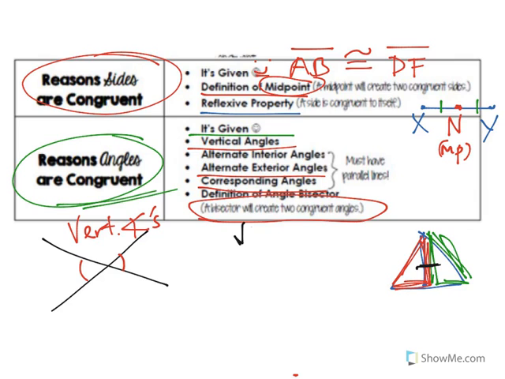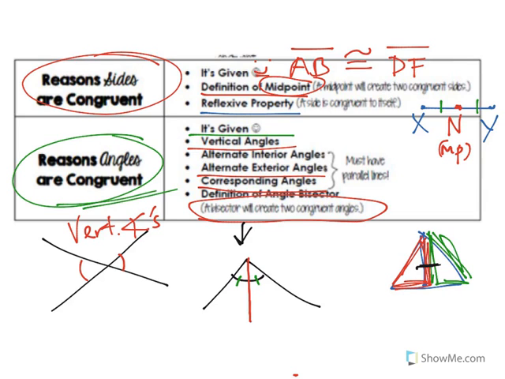So what does that look like? Let me show you here. Let's say I have an angle like this, and there's an angle bisector which cuts this angle into two equal halves. This would mean that this angle and this angle are now congruent to one another.